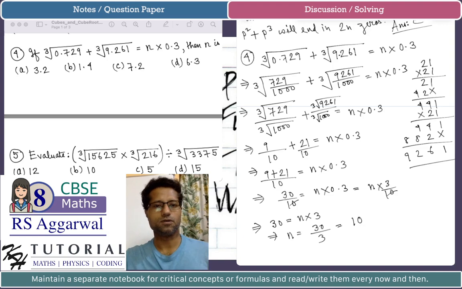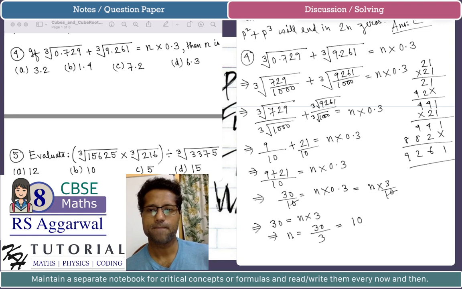10 is not there in the choices. Let me check it again. Cube root of 0.729 is cube root of 729 by 1000. And cube root of 9.261 is cube root of 9261 by 1000.